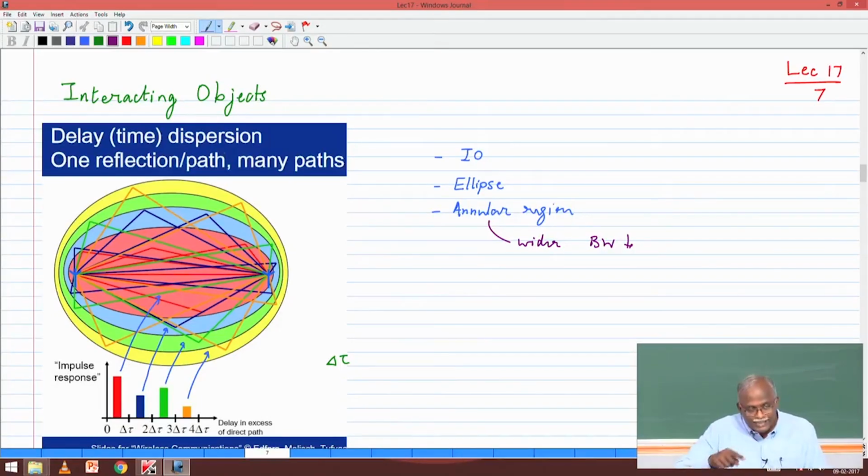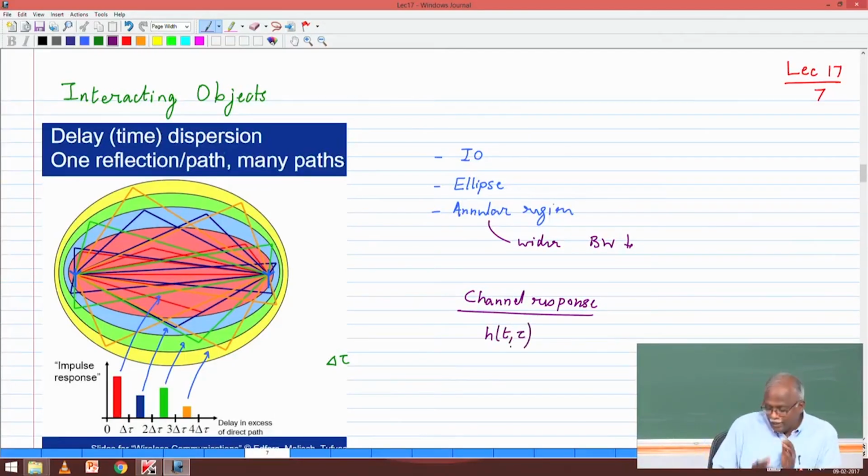This is a very, very important notion for us to understand and interpret, because it leads to the next concept, which we will refer to as the channel response. Yesterday we said that the channel response is described by a two-dimensional function h of t comma tau. Now how will I characterize h of t comma tau?